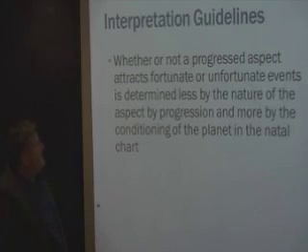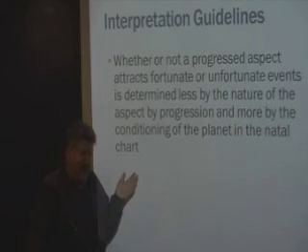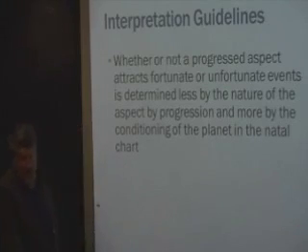All right. So, how do we know if the event is going to be fortunate or unfortunate? Basically, fortunate means we felt good. Unfortunate means we felt bad. Are we attracting pleasurable or painful events into our lives? And we look at the nature of the planet itself in the natal chart and what type of aspect is being formed at any given time.